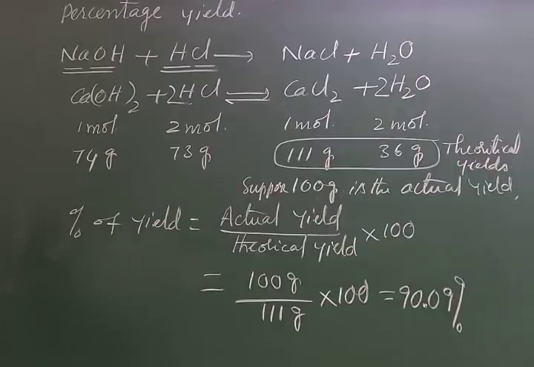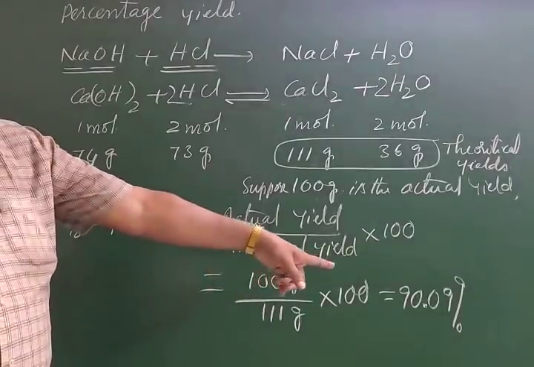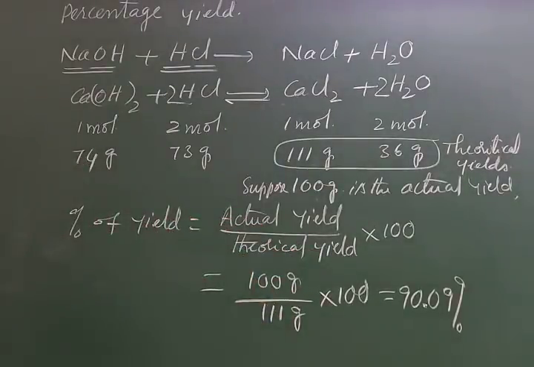In such cases, the actual yield is always less than the theoretical yield, and the percentage yield can be calculated using this formula. The more the percentage yield, the more profitable the industry is. So in this way, we can calculate the percentage yield.